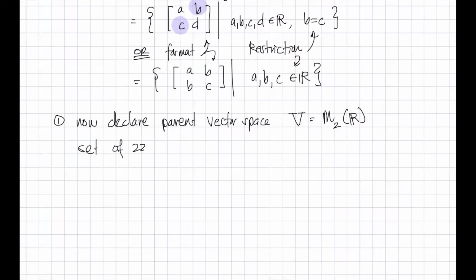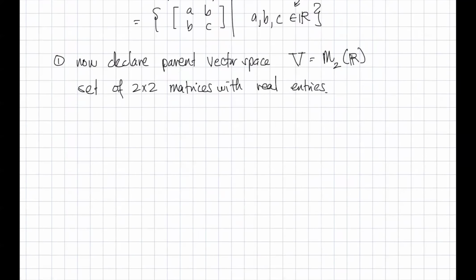This is the set of 2 by 2 matrices with real entries, which is very similar to what we're talking about. And if you wanted to write that out, this would be the set of A, B, C, D, such that A, B, C, and D are real numbers.